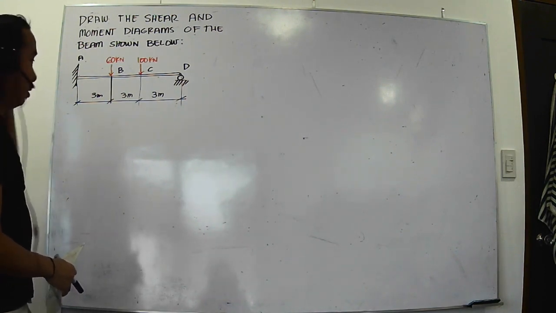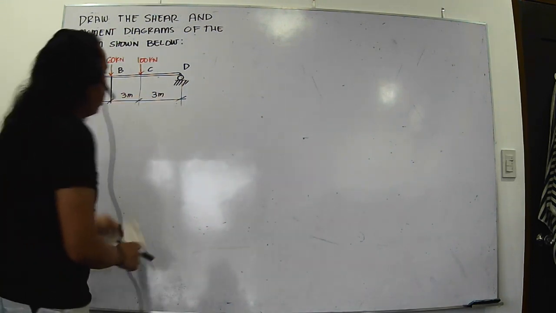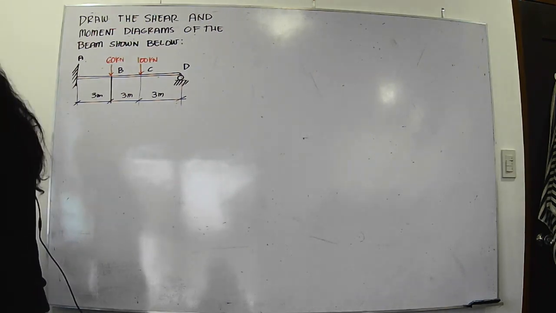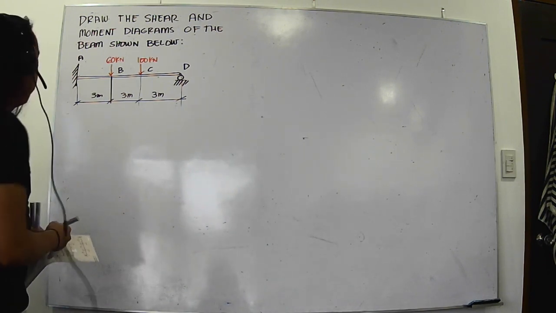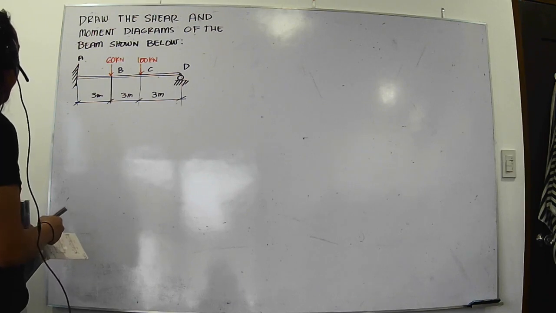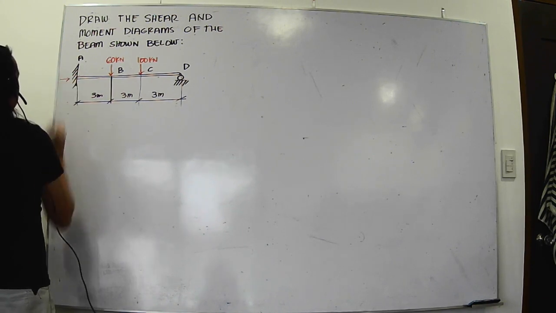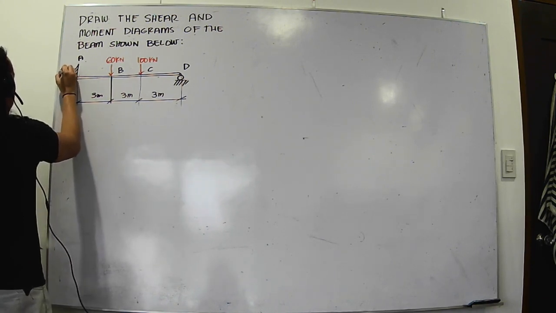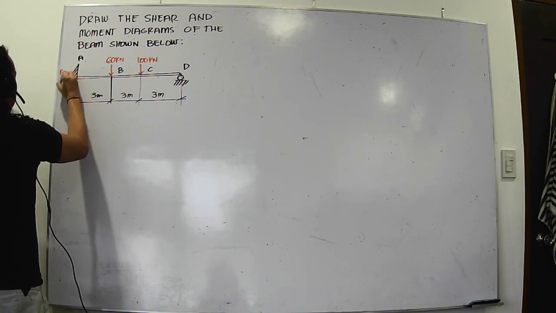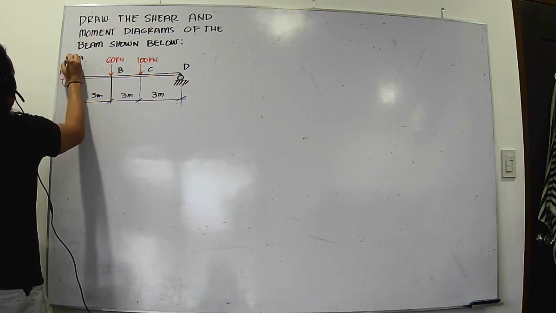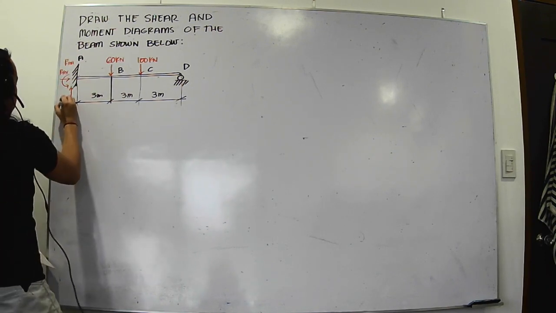As you can see, we have a fixed support and then a roller. Doing a quick investigation, we have RAX, the bending moment RMA, and the vertical reaction RAY.